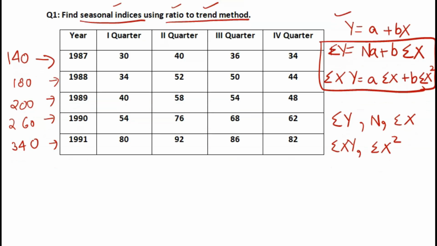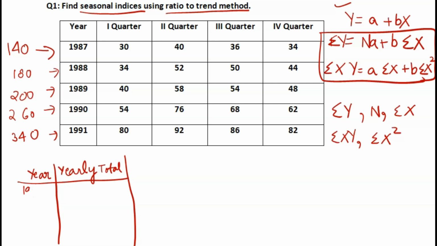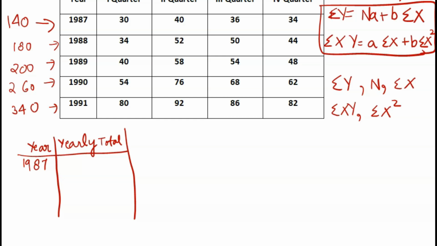Now we will note down all the values. Here the year, because now we have yearly values only. Yearly total means the one which we have calculated just now. The 5 years are 1987, 1988, 1989, 1990 and 1991.